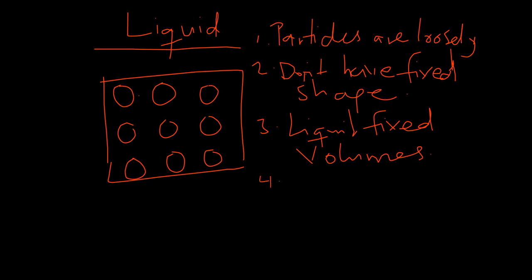And again, we're going to look at the lattice structure of the liquid. You see, the particles are loosely packed. Now, when we were looking at solids, the particles were closely packed because there was a stronger force of attraction between them. If the particles are loosely packed, what it means is that the force of attraction between these particles is a little weaker compared to that of solids.